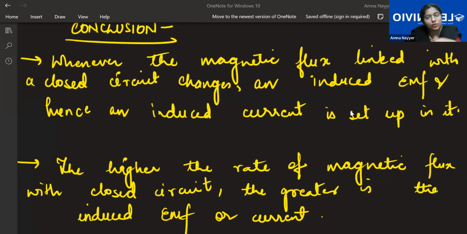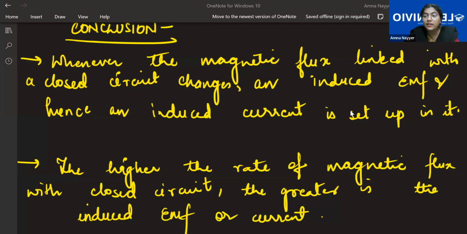That was concluded. Second, the higher the rate of change of magnetic flux within the closed circuit, the greater is the induced EMF or current. Basically, this tells us that the rate of magnetic flux is magnetic flux changing with respect to time. So EMF is directly proportional to this rate of change of magnetic flux.